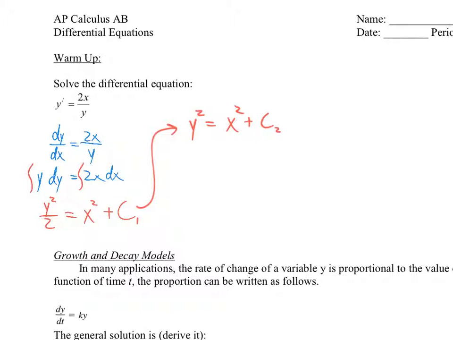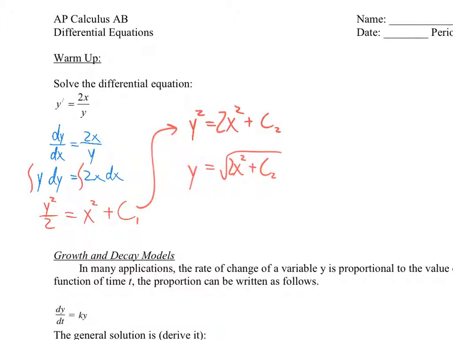Okay? And then we would square root both sides. So y would equal the square root of x squared plus that c2. Oh yeah, 2x squared, sorry. 2x squared.